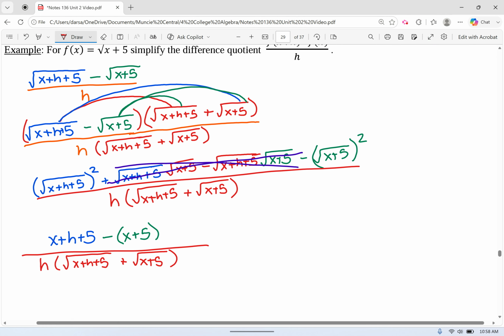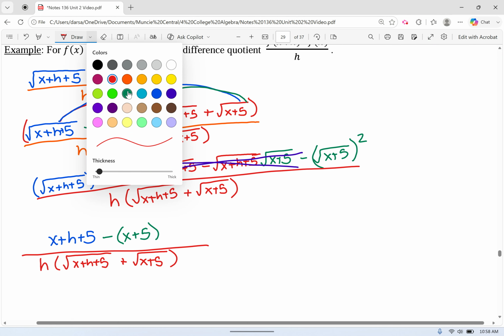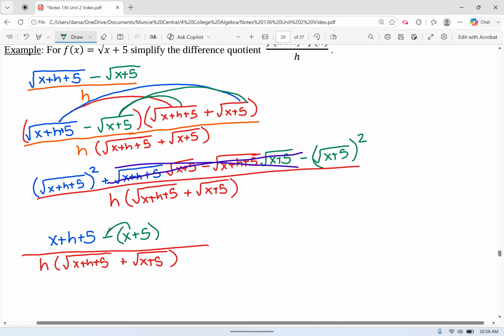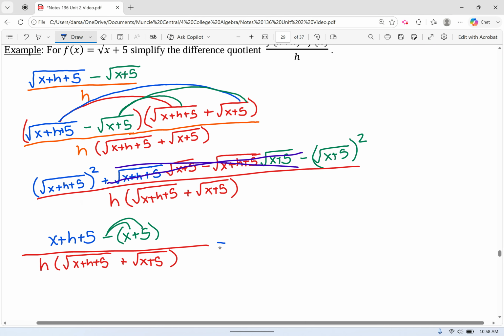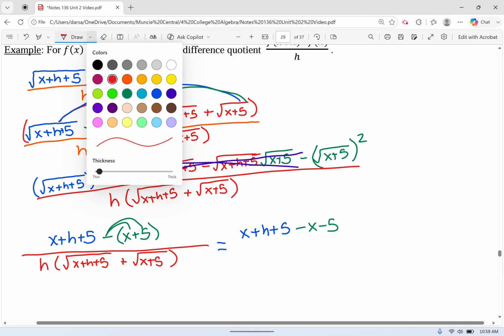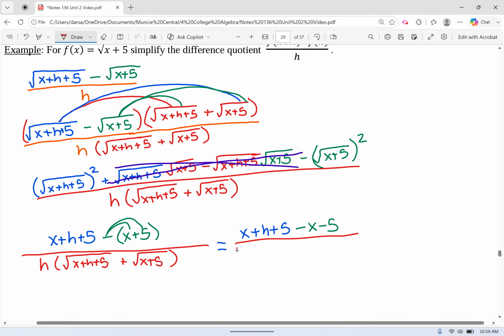All right, now if we distribute that green bit on the top and then recopy everything, what have we got? We have x plus h plus 5 minus x minus 5 all over the big gross denominator.